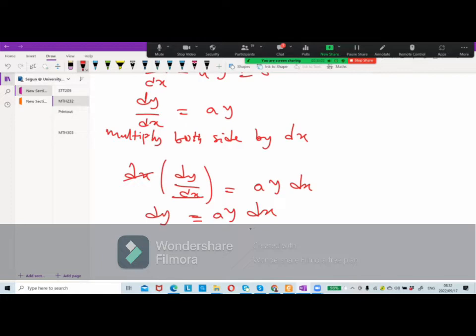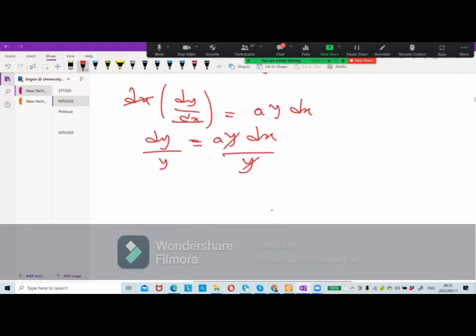Now I need to divide both sides by y, because I'm trying to separate them. This one will go with this. So at the long run, I have dy over y equals a dx.